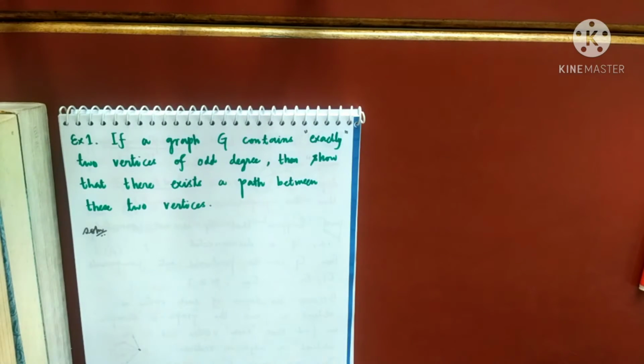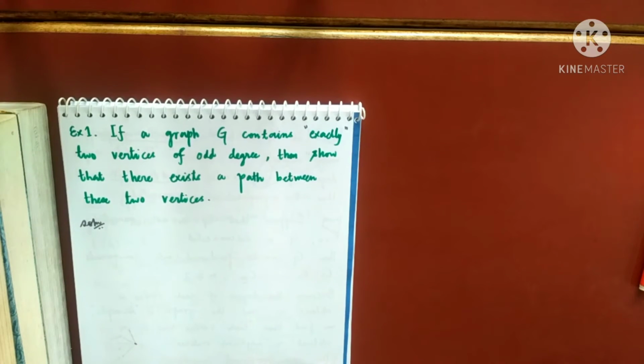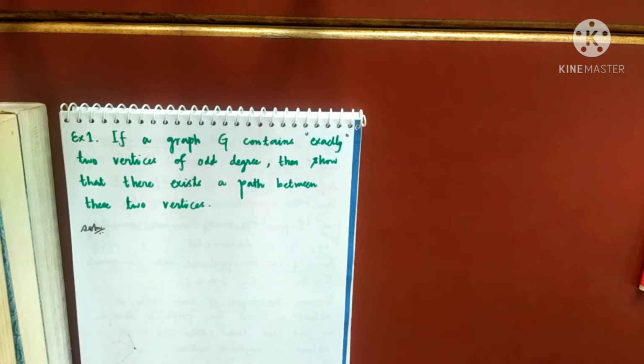It may contain 100 vertices, but out of those 100 vertices, only two of them have odd degree. Then show that there exists a path between these two vertices. That means whenever my graph has exactly two vertices of odd degree, I can find a path between those two vertices. So this is a very nice thing, you see.